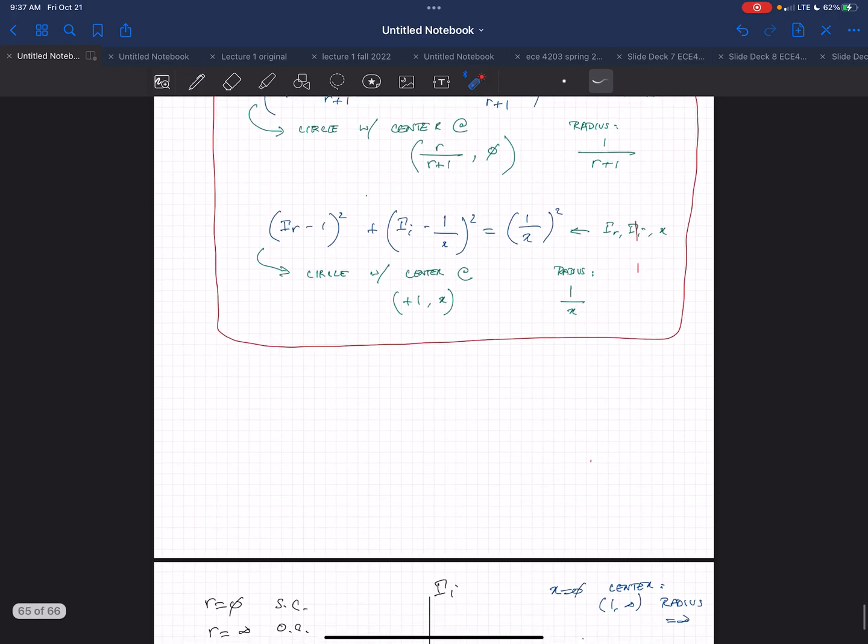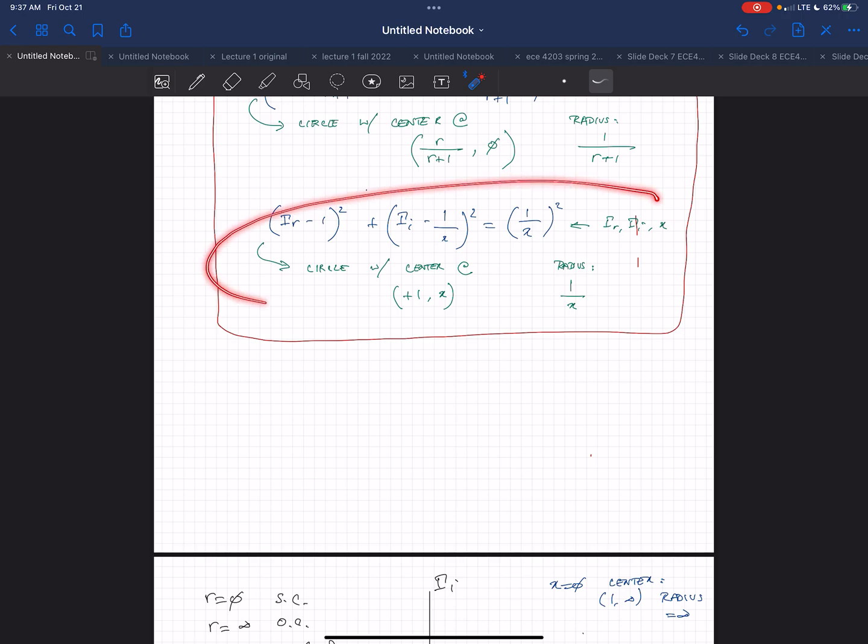So as the imaginary part of the impedance is changing, I'm going to have a circle that's at +1, 1 over 0, which is infinity, and 1 over X, which means it has an infinite radius.